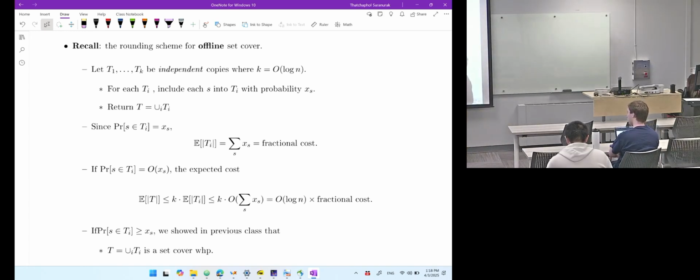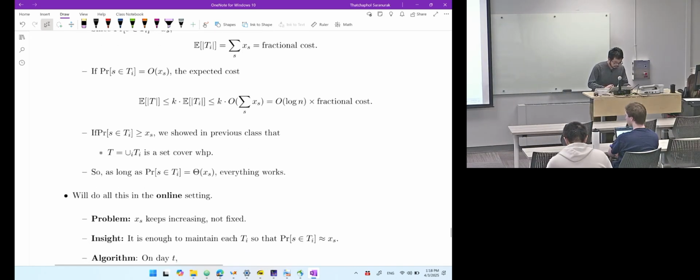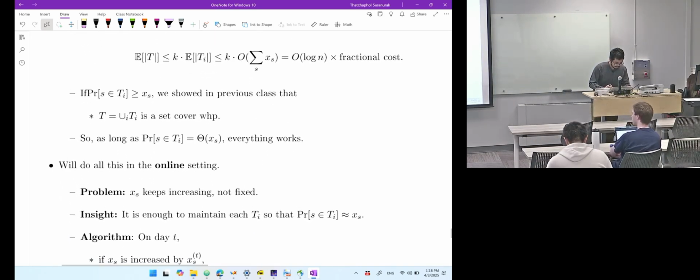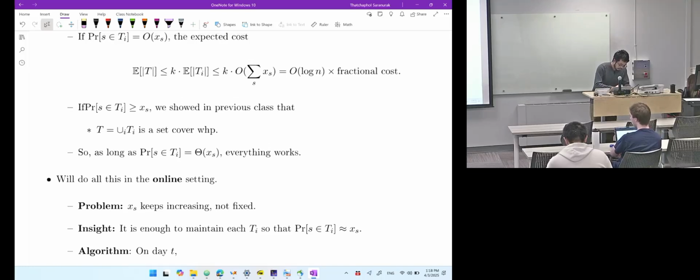When we try to include S into Ti with probability xs, xs is not fixed. Each xs is a monotone value that keeps growing.